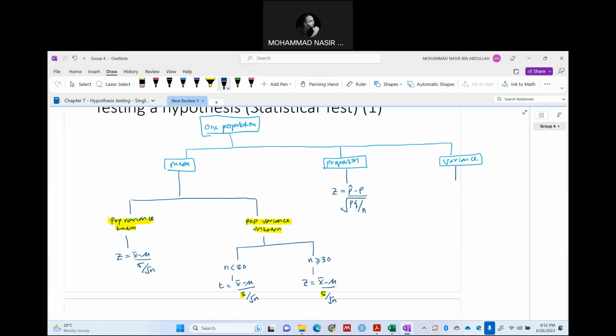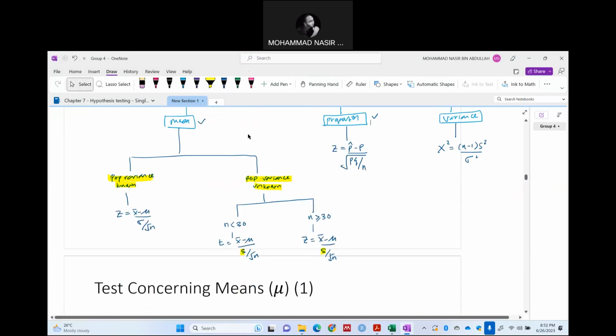For variance, we're not going to look into it; I just give it to you. It is chi-squared, n minus 1 times s squared divided by sigma squared. But we're just going to focus on mean and proportion. This is for one population. Next week, we will look into two populations.